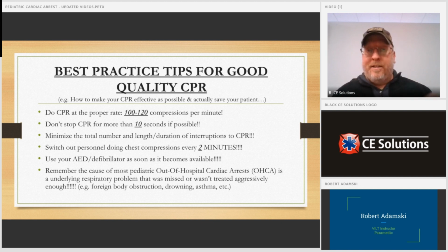In addition to that, realize that we as first responders should be doing our best to implement a goal of 80% chest compression fraction, or 80% CCF. What do I mean by that?